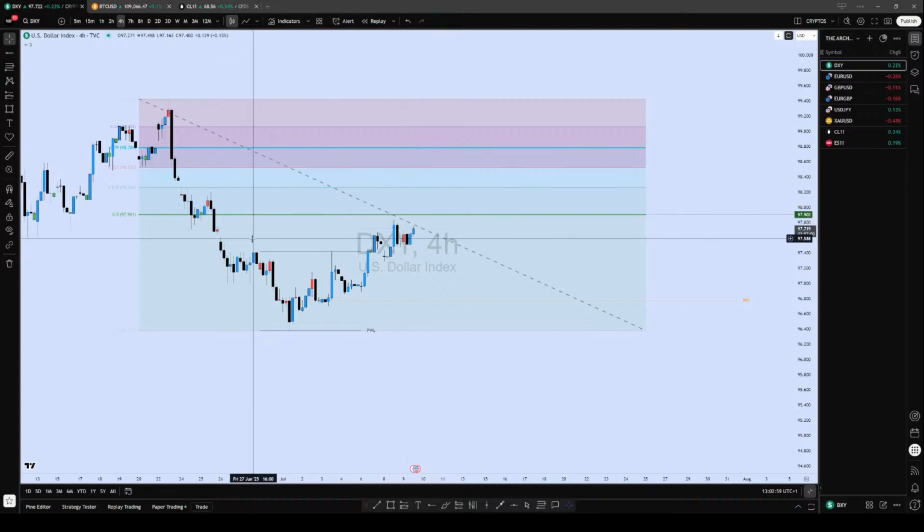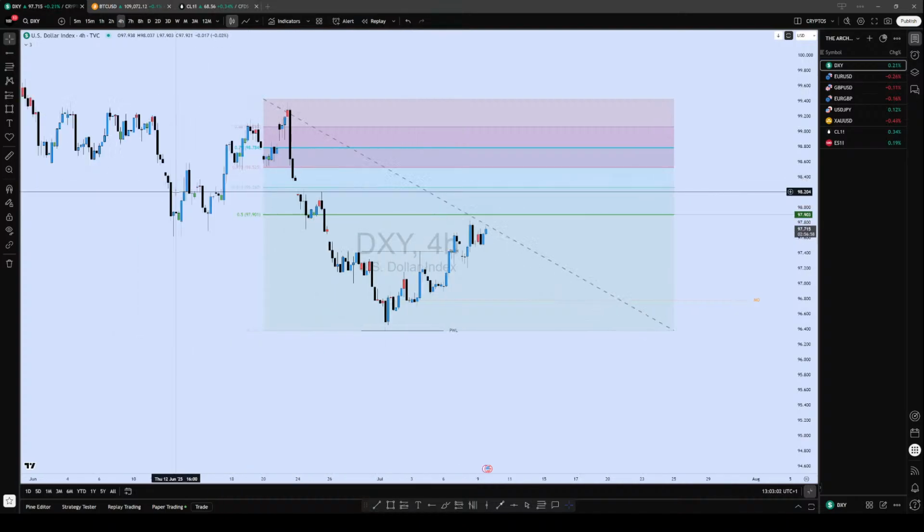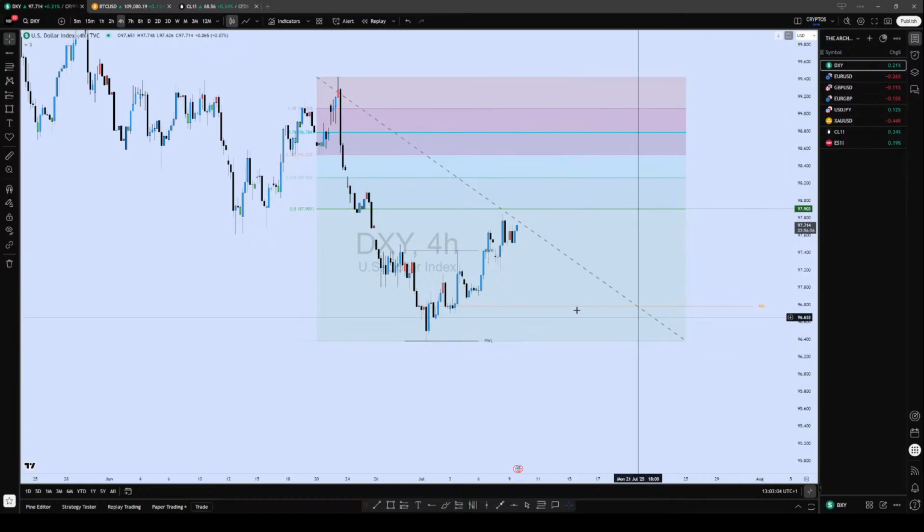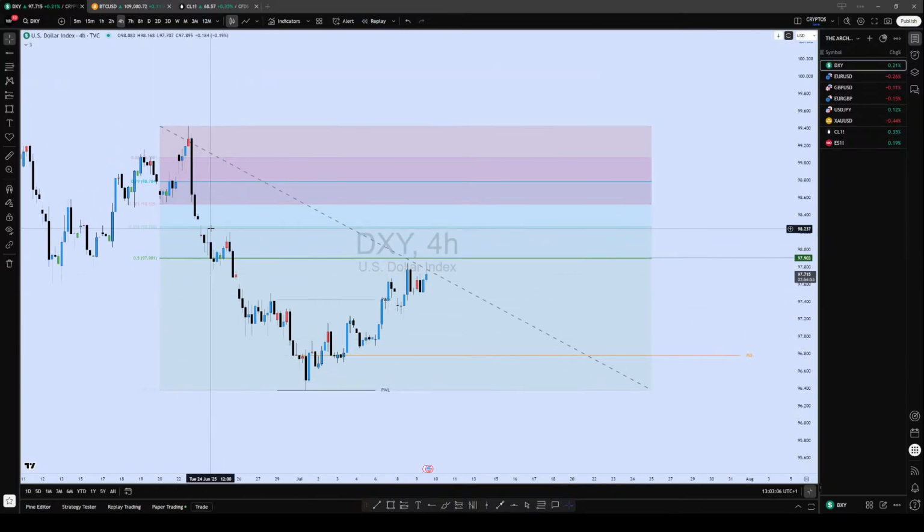Okay, eventually from a technical perspective, they will be trading up here. The market maker buy model is clearly in here. We have this consolidation, distribution, and then last distribution here we broke, and then we accumulate here, and we've just accumulated there.